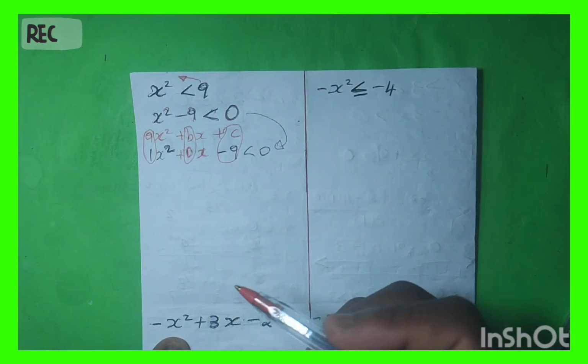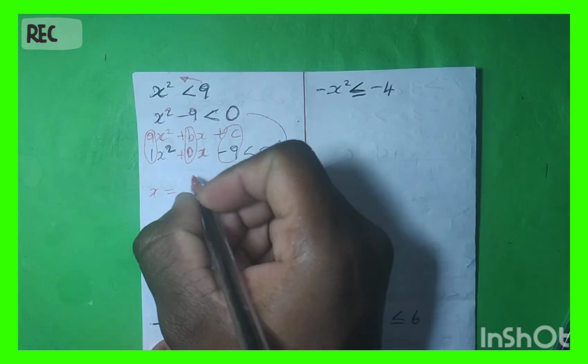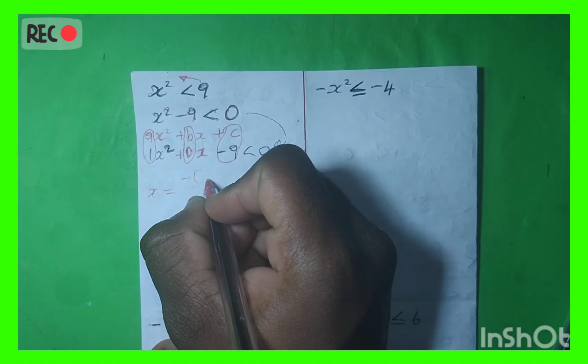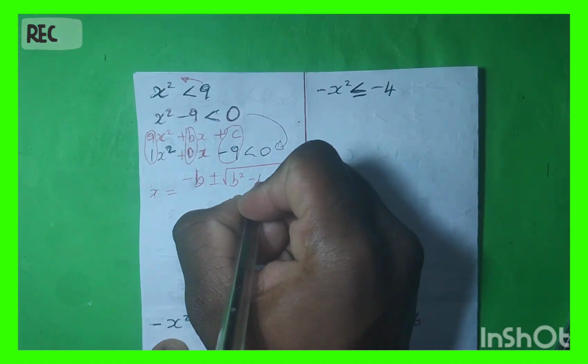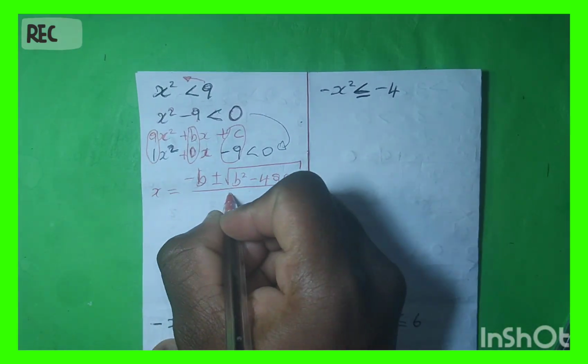Now what I can do in this case is press down my quadratic formula on the calculator. That formula, guys, is like this: the formula divided by 2.